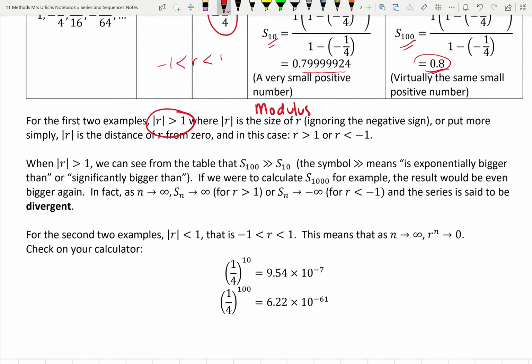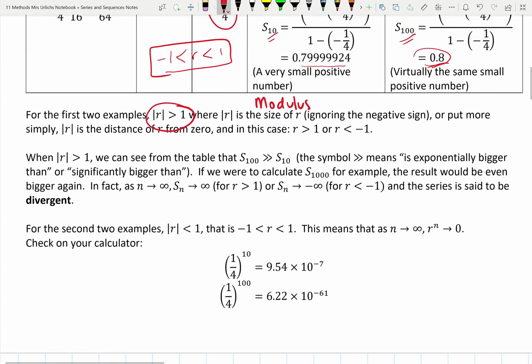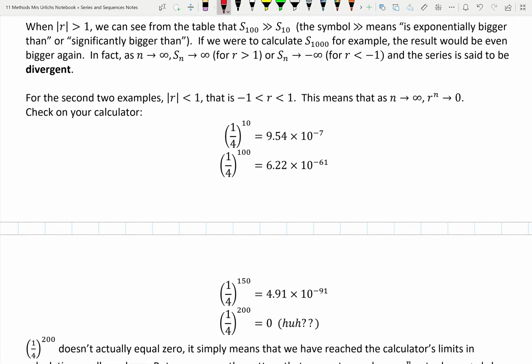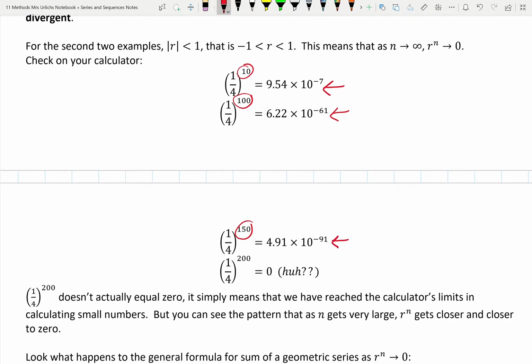And we can see that r is between -1 and 1. When r is between -1 and 1, if we raise it to the power of increasingly large numbers, what we see is r to the power of n becomes smaller and smaller. Okay, so now we're talking about an extremely small decimal.